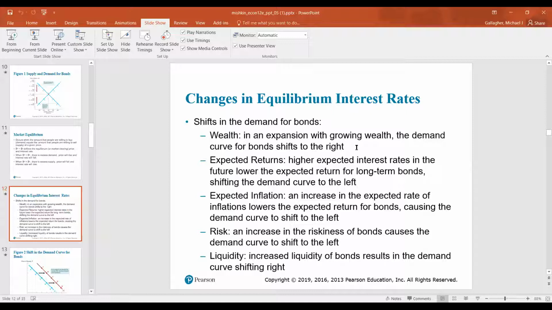The relative rate of return on bonds would be lower, thereby decreasing demand and shifting the curve to the left. An increase in the riskiness of bonds causes demand to drop and the curve to shift to the left. Increased liquidity increases the demand for bonds, shifting the curve to the right.